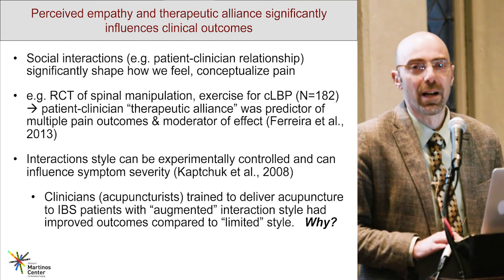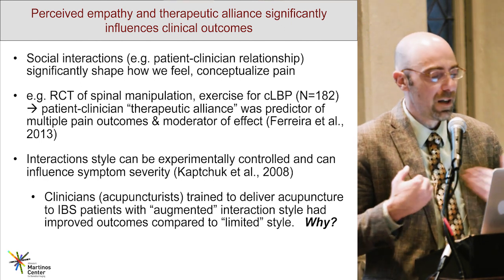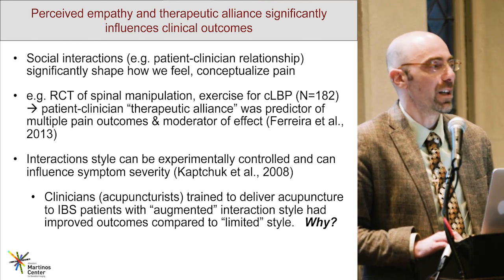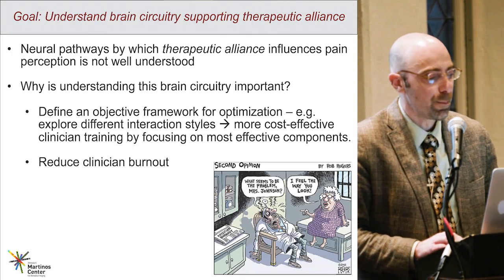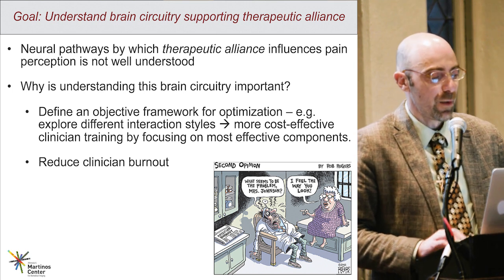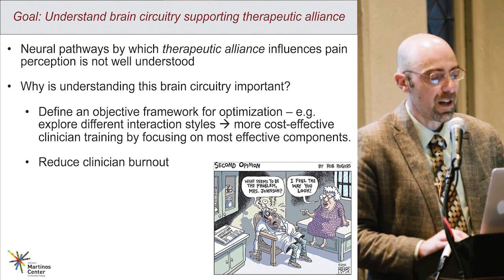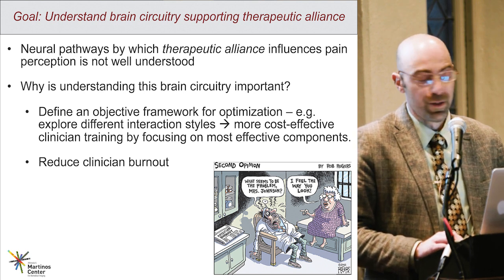And so the question is why? Why does that happen? I'm a mechanistic researcher, I'm a neuroimager. I'm interested to find out why they get these better outcomes. So our goal is really to understand the brain circuitry supporting therapeutic alliance. What are the neural pathways by which empathy and therapeutic alliance influence pain perception? So why is this important to understand?